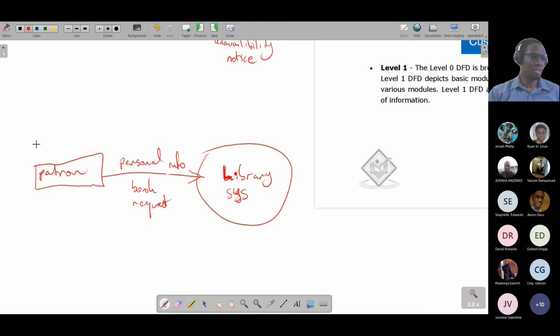It's to think through and be able to develop. Chances are, and I will pull an example from a past paper in a little bit, you're going to be given a scenario, and you have to draw a context level diagram or a DFD for that particular scenario.